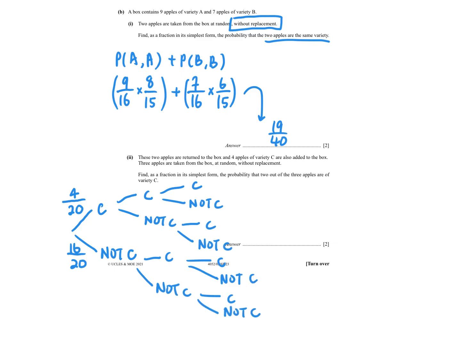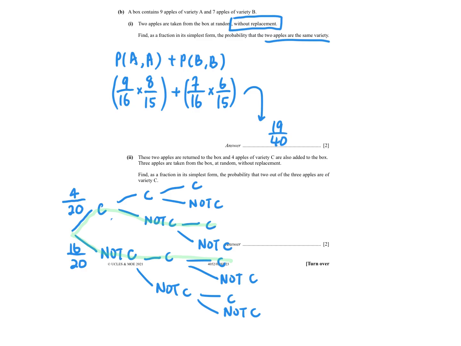So you see, they want 2 of the apples to be of variety C. So they want C, C, not C. Can you see that? First option. C, C, not C. Not C, C, C. That's all, right? Any more?